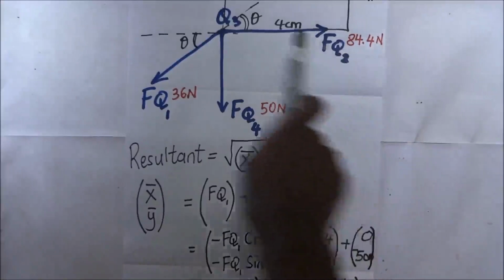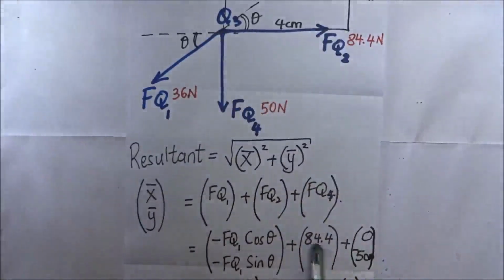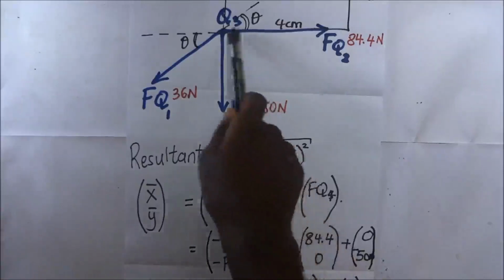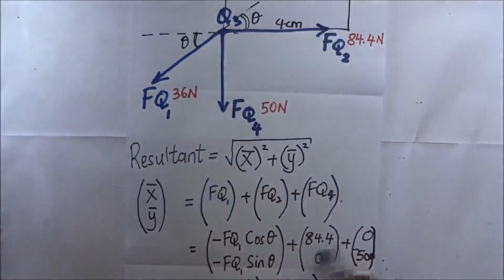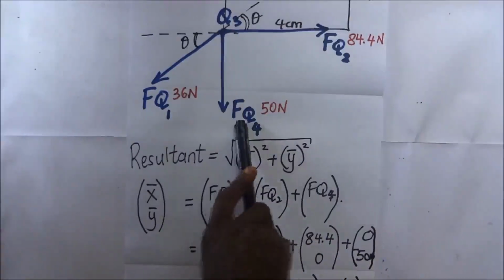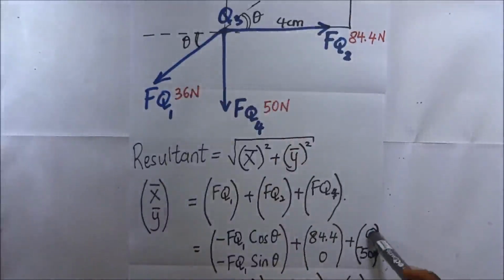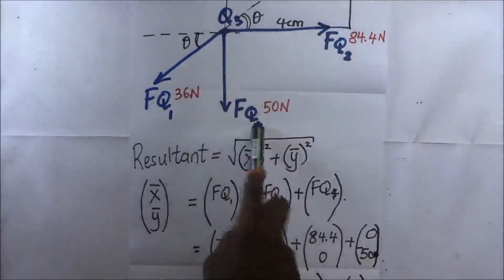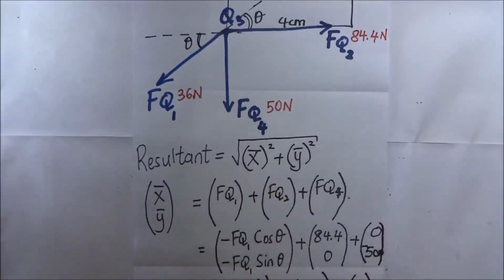FQ2 has only the component in the x direction, in the positive x direction, so it is positive 84.4. And in the y direction, this force does not have any component, so that is 0. Plus FQ4. FQ4 has got no component in the x direction, so that's how we have a 0. And then in the y direction, it is negative 50 newtons.